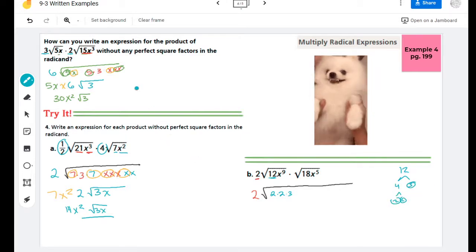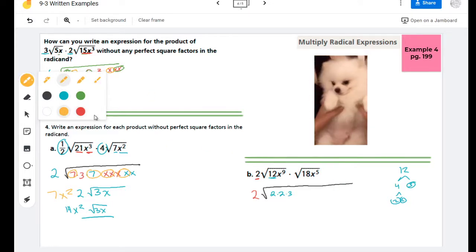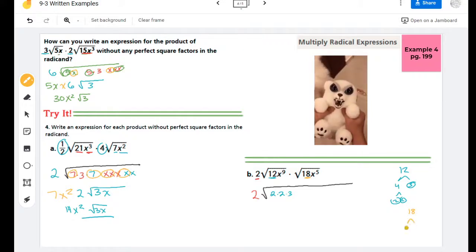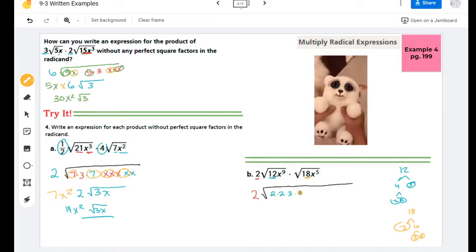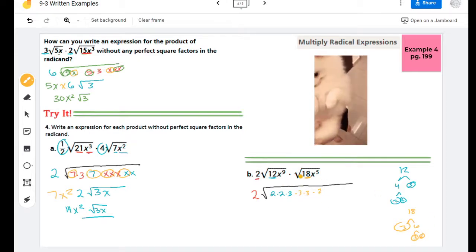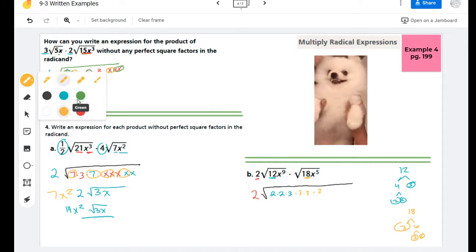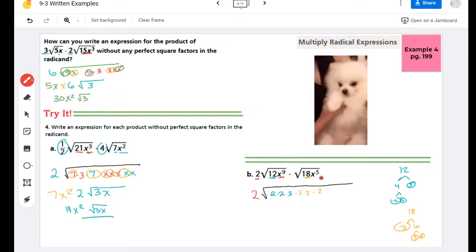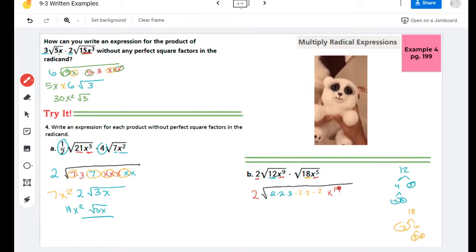Now the 18 that's here, if I break apart 18, it's 3 times 6, and 6 is 3 times 2. And then all of my x's together, I have 9 and 5, so that would be x to the 14th.